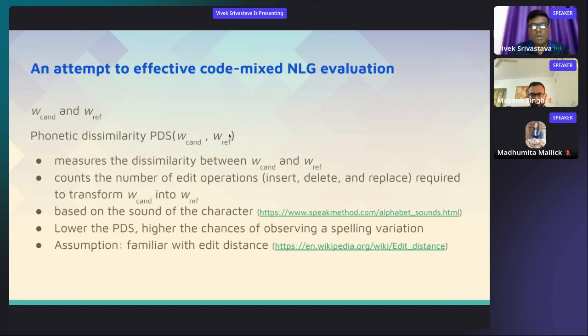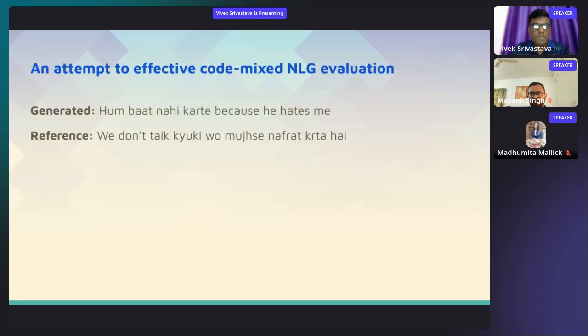So if the number of edit operations is very low, there is a high chance that a spelling variation has occurred. You might have just dropped a character from a word and created a new spelling of that word. So this is the first thing that we did.